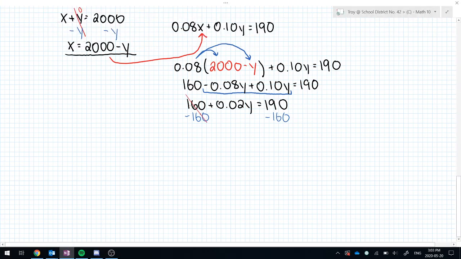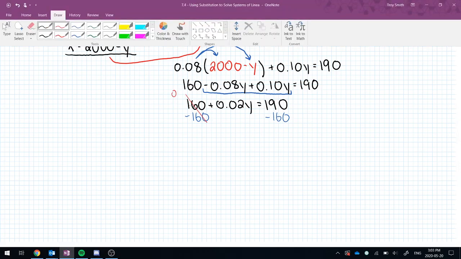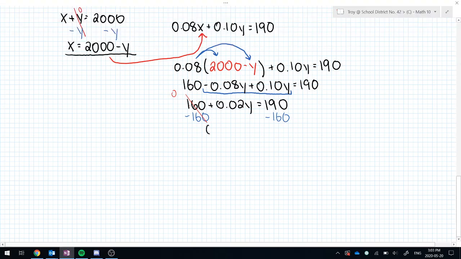Of course, this cancels here. So I have 0.02y on that side. 190 minus 160 just gives me 30. And then the last thing I want to do, that's 0.02 times y. So my opposite operation is going to be division.